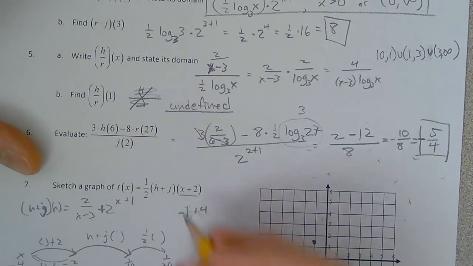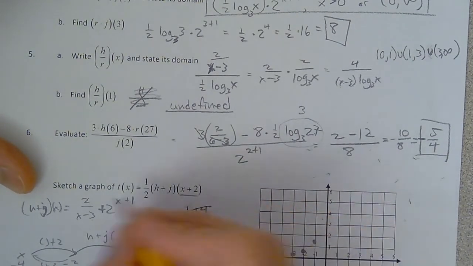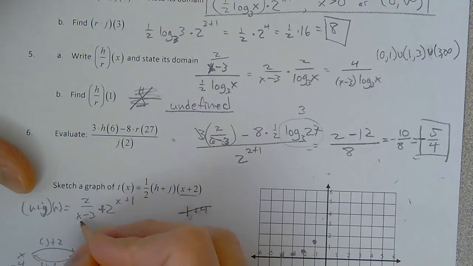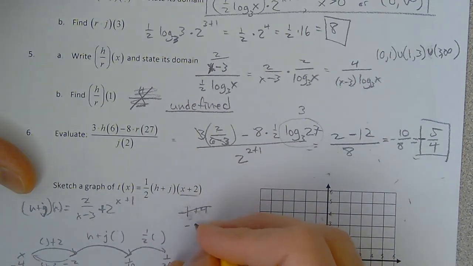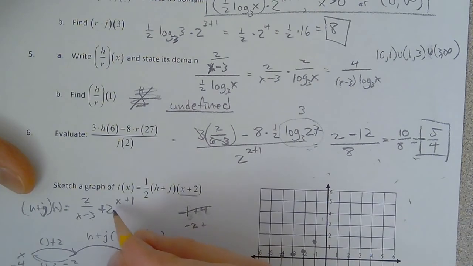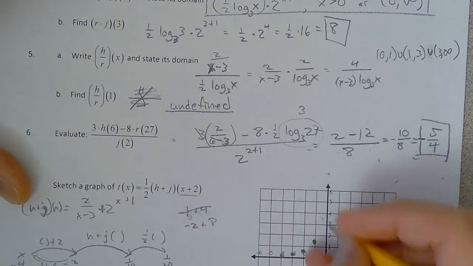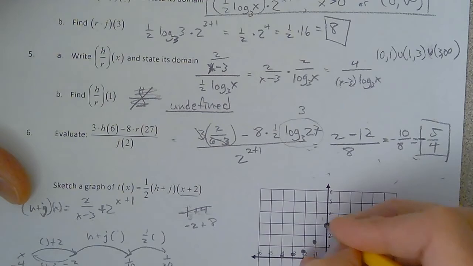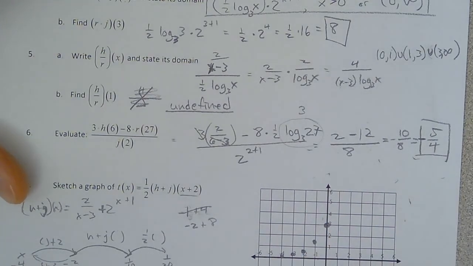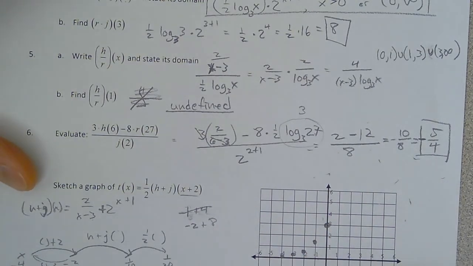If I put a 2 in, I get 2 over -1, which is a -2 plus 2 cubed, which is 8. 8 minus 2 gives me a 6. Half of a 6 is a 3. So this has an intercept at 0,3. Kind of getting the idea of what it's looking like here.